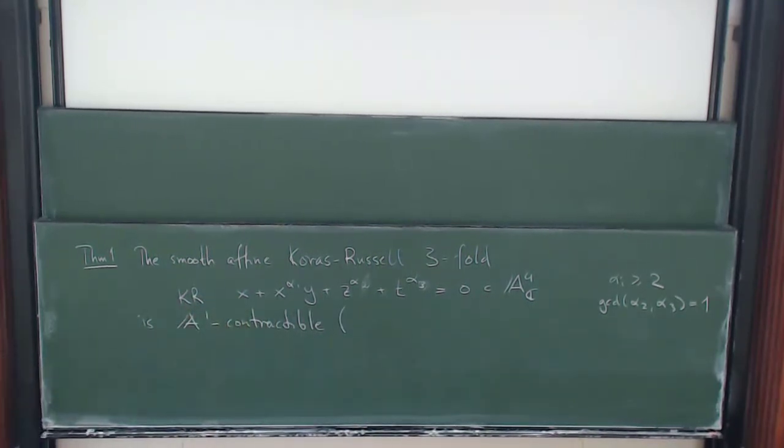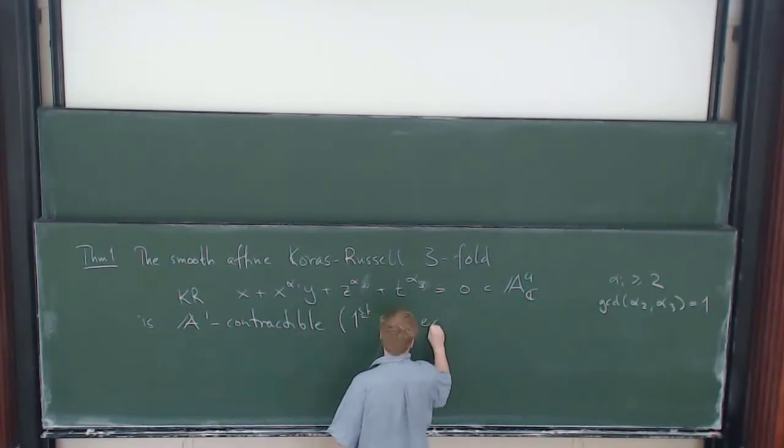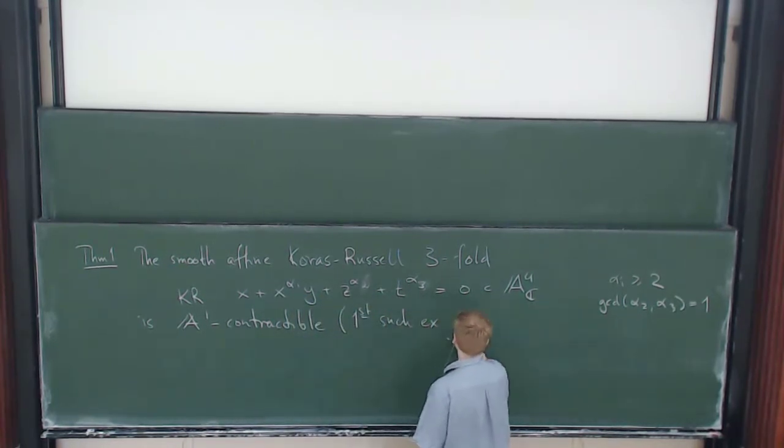And I should add that it's really the first such example of an A1-contractible variety different from an affine space. So it's the first such example which is not isomorphic to an affine space.